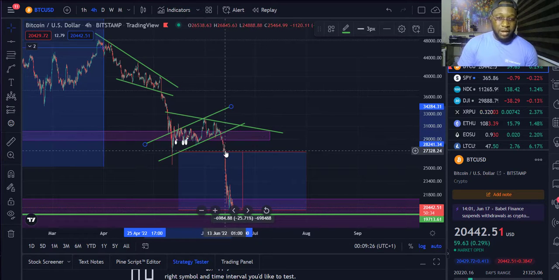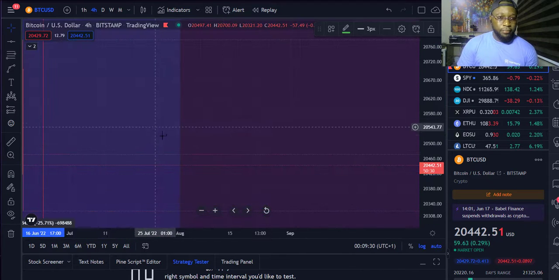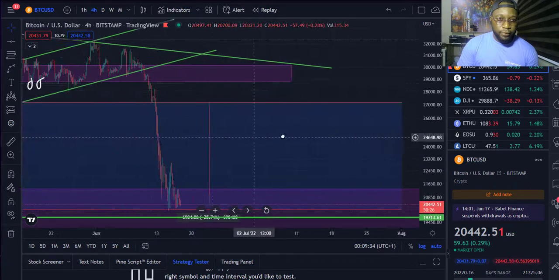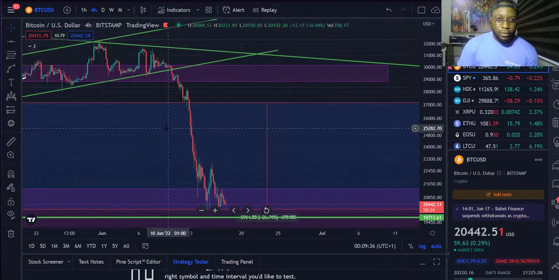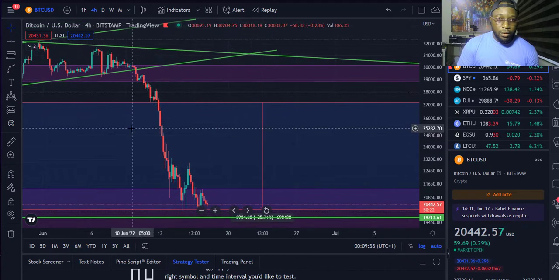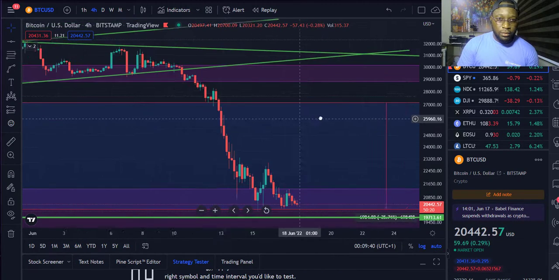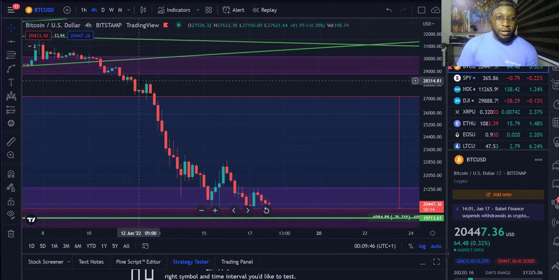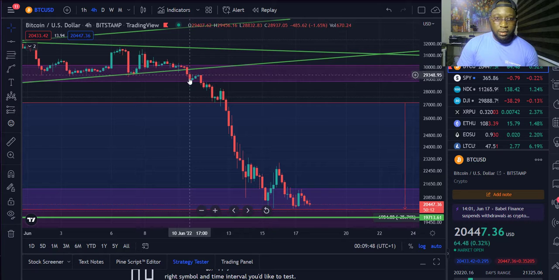So this is confirmation that it actually got confirmed here. Let me show the confirmation. These are the confirmation candles. This was the confirmation candle after having the uptrend, right? It broke out here, got rejected.